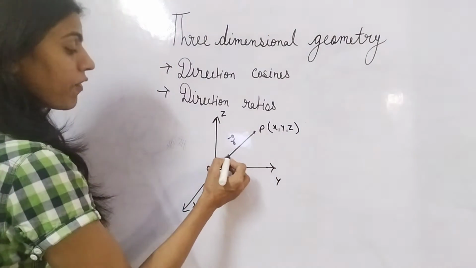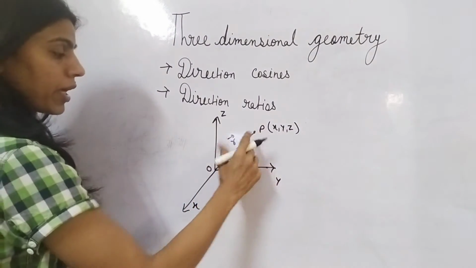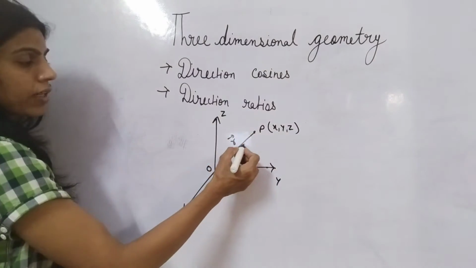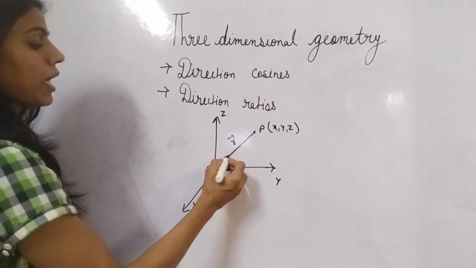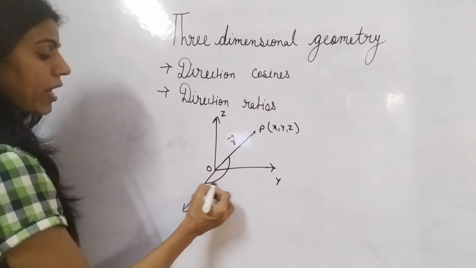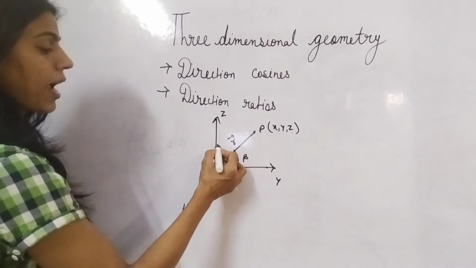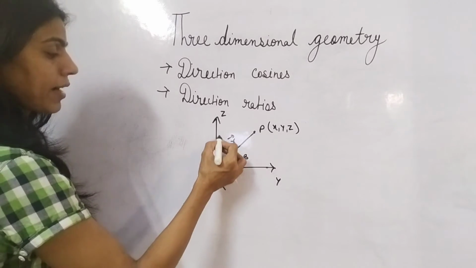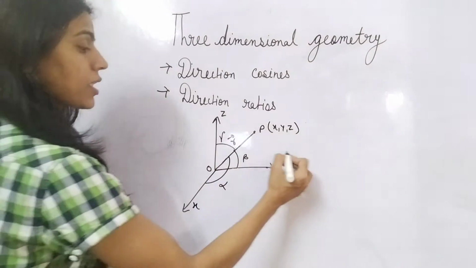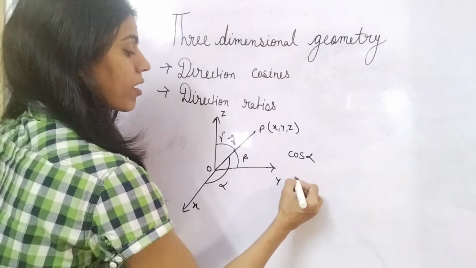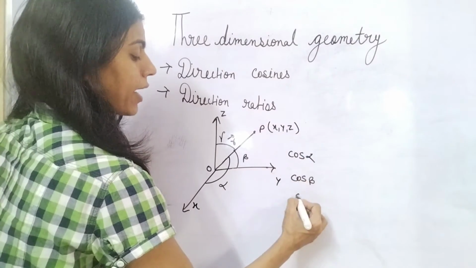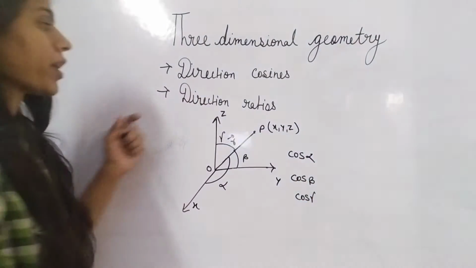So students, suppose this OP, which is the position vector of this point P, is making alpha angle with x axis, beta angle with y axis and gamma angle with z axis, right? So students, this cos alpha, cos beta and cos gamma are known as what?